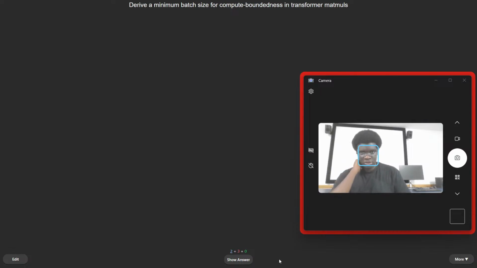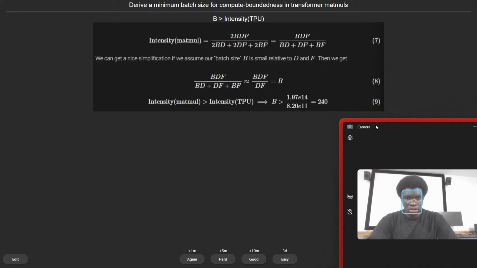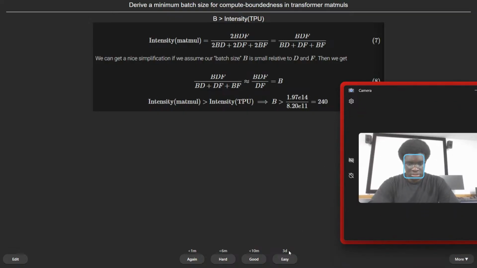We want it to be compute bound, so we can say B is greater than the peak arithmetic intensity of our accelerator, which from yesterday, I think a value they used was 240. But obviously this depends on what accelerator you're using. Yeah, okay, happy with that.